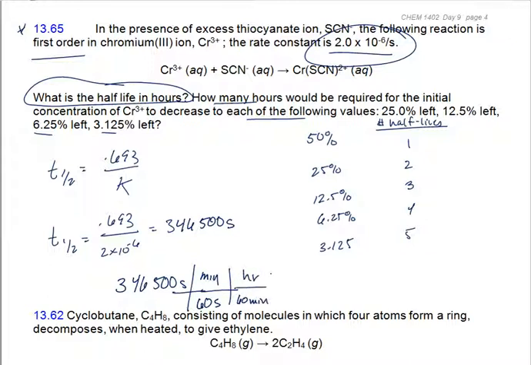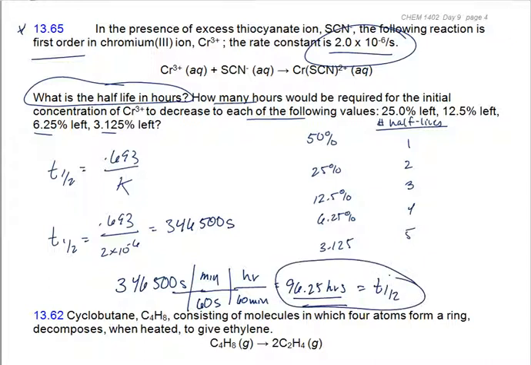Pretty much you're dividing by 60 twice, which is 3,600. So about 96 hours. So that's our half-life. That's part of our answer.